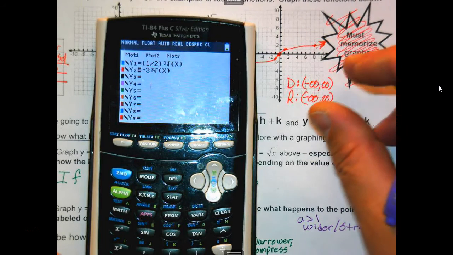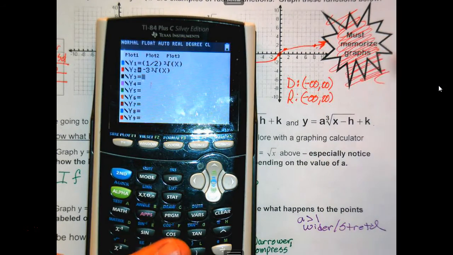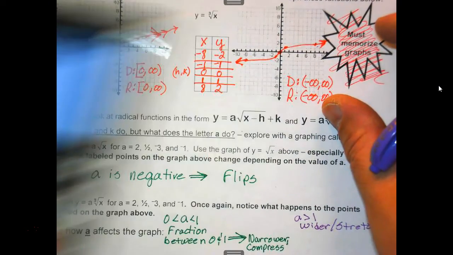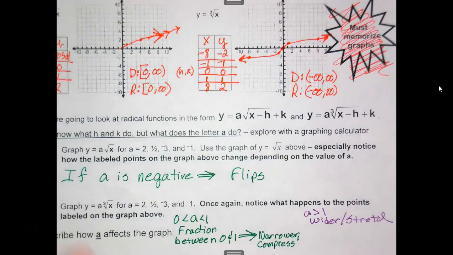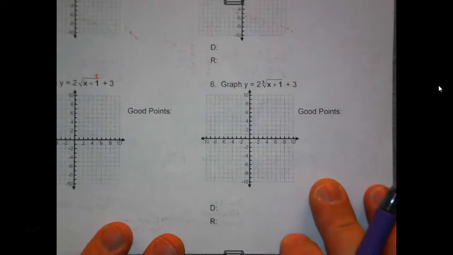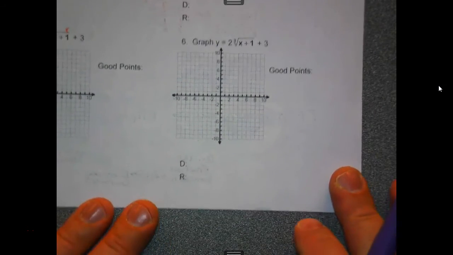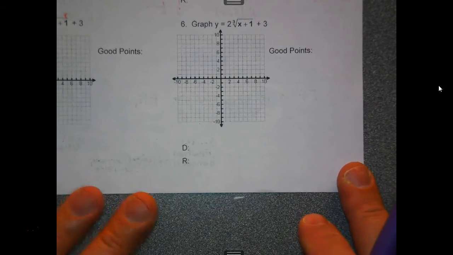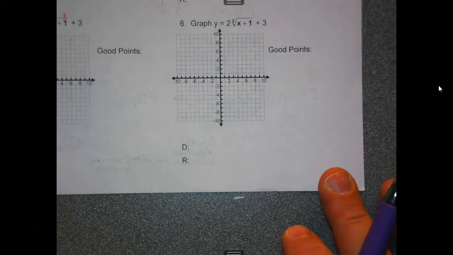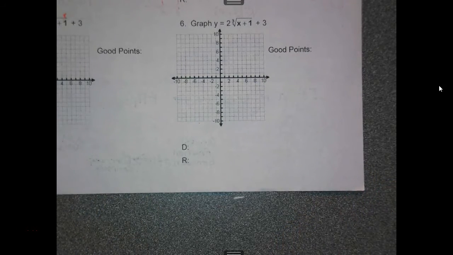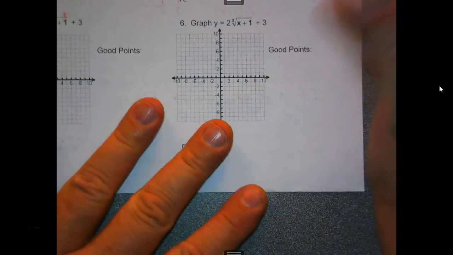Shall we do one of your practice homework problems? Sure, Mr. D, let's do one of them. Okay, flip it over. Let's do number 6. Okay, sounds like fun. What are my transformations here?